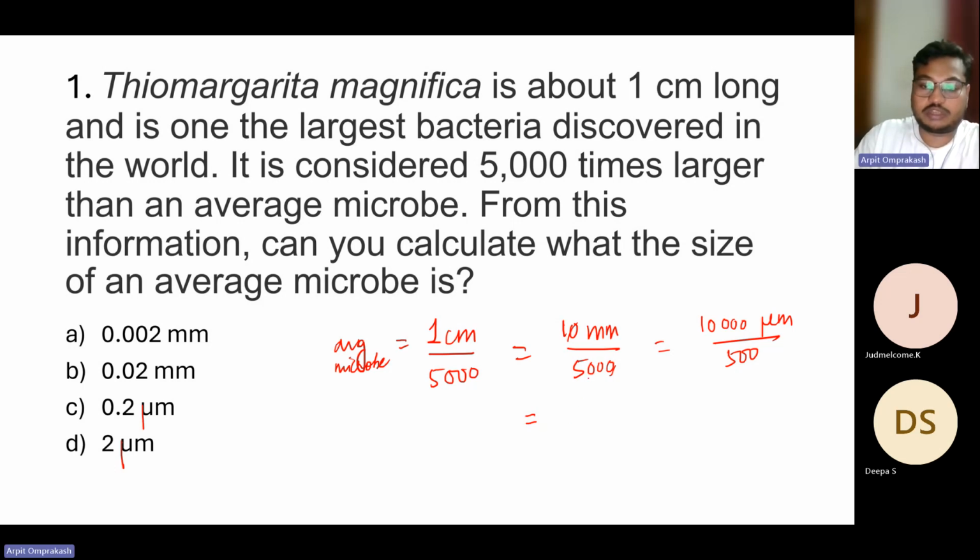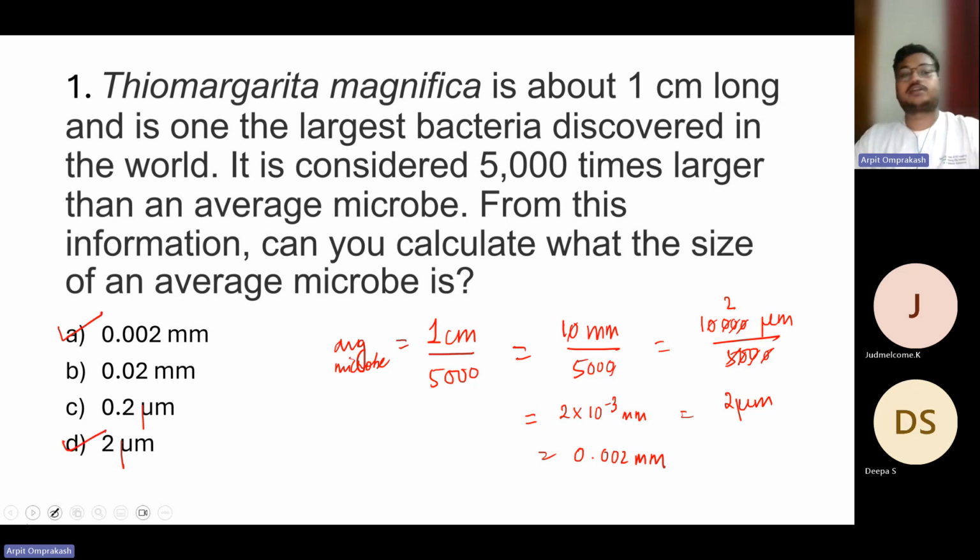If we do this division, we get 2 into 10 power minus 3 millimeters, which is equal to 2 micrometers. So this is nothing but 0.002 millimeters and 2 micrometers. So we see that option A, 0.002 millimeters, and option D, 2 micrometers, are both correct. The answer here will be A and D.